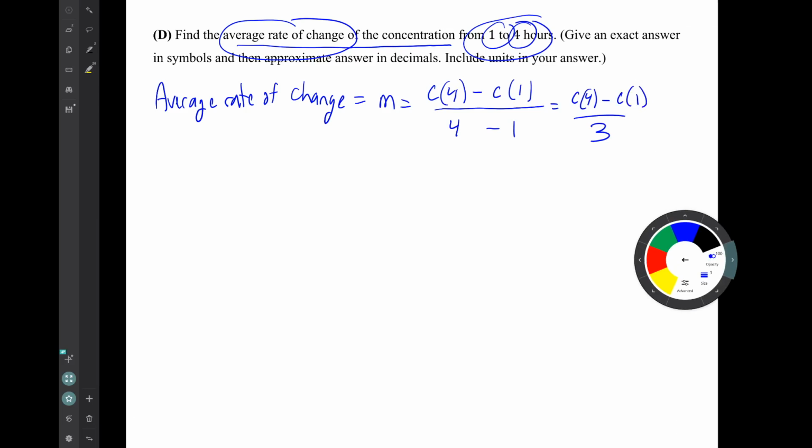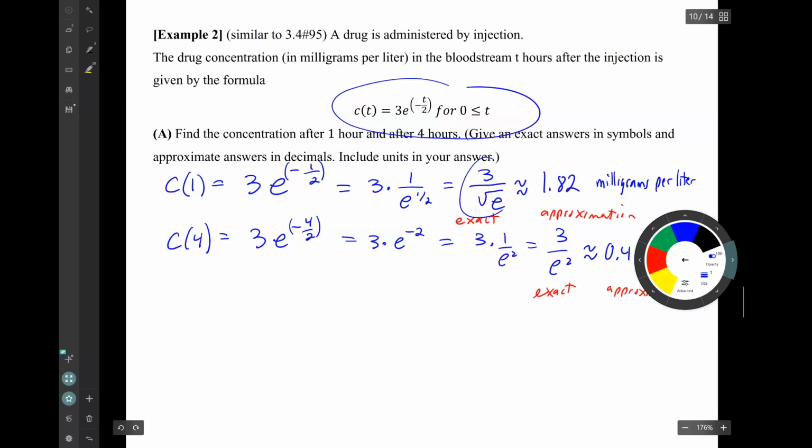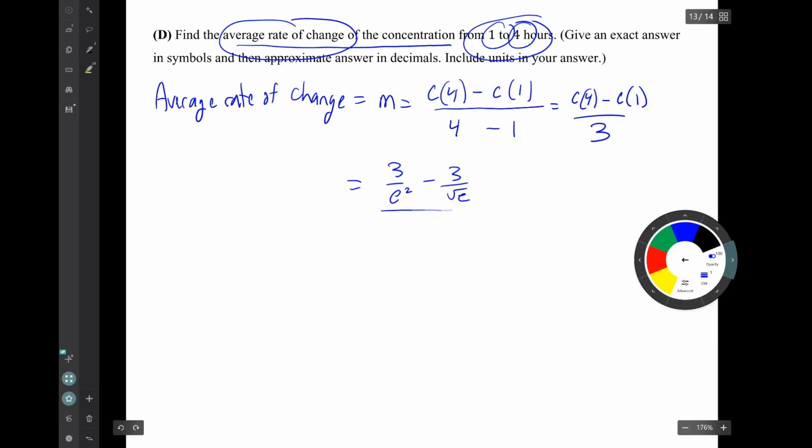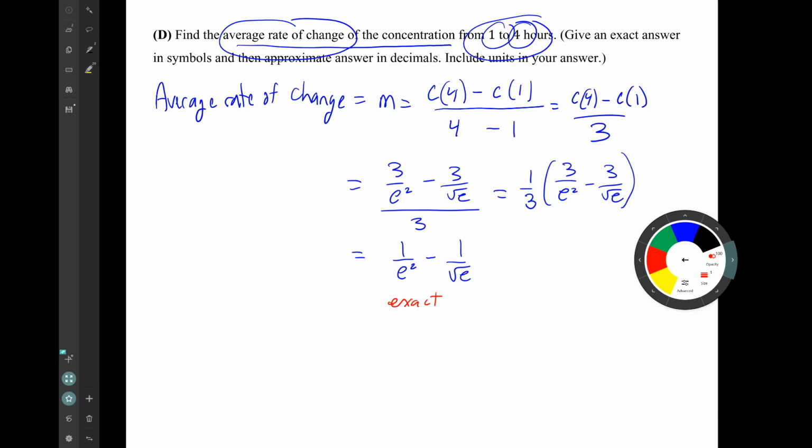Now we need to get our expressions for C(4) and C(1) and put them there. So this expression and this expression. Now dividing by 3 is the same as multiplying by 1/3. And then you can see that the 3's will cancel. And there's our exact answer, 1 over e squared minus 1 over square root of e.